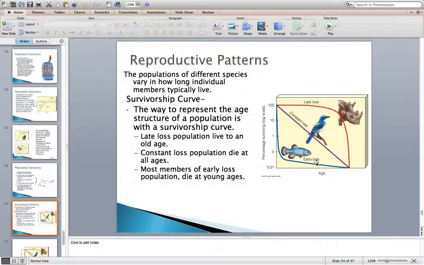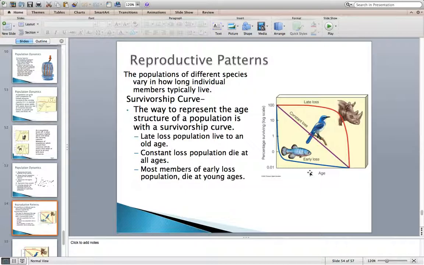This graphic basically shows that populations of different species vary in how long individual members typically live. The way to represent the age structure of a population is with a survivorship curve. So the late loss population lived to an old age. Humans fall into this type 1 or late loss curve.